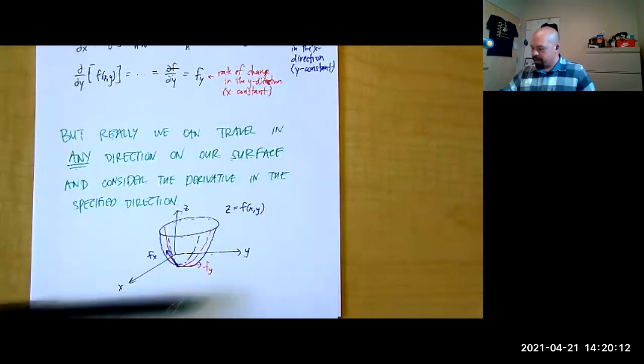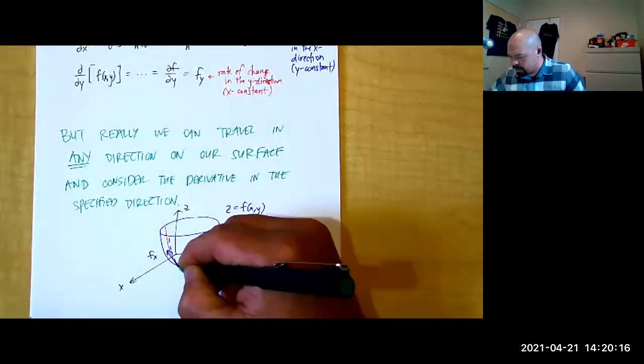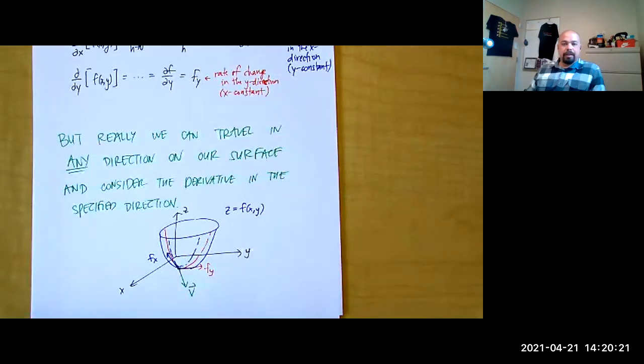But now, what if at that point I go in some random direction? I'm not along the x or y axis, not the i or j vector directions.